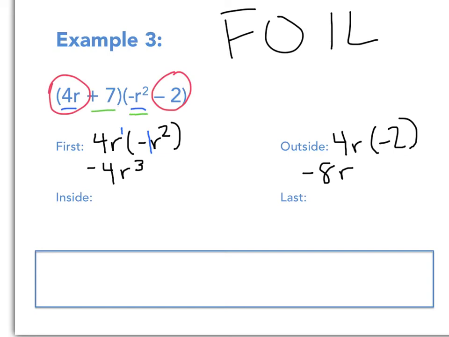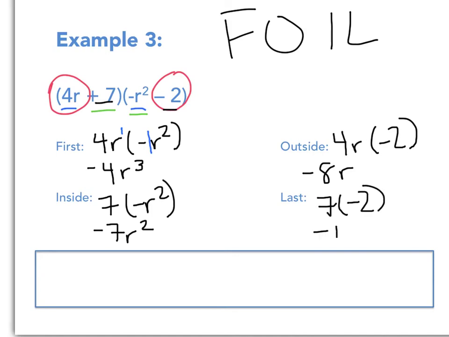So we have 7 times negative r squared. There's that Ninja 1 there. So we have negative 7r squared. And then our last terms are 7 and negative 2. So just 7 times negative 2, that's negative 14.